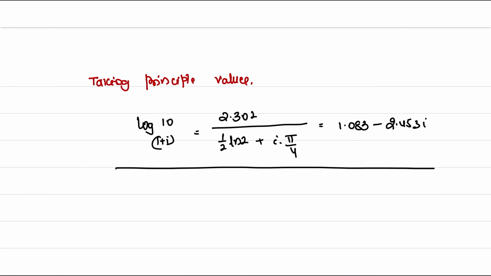This is the value. That means here we have shown that we need not have only real numbers as the base. There can be questions with the log of a complex number with a complex base. That will be our next lecture: to find log of a+ib with the base c+id. This is our next lecture.